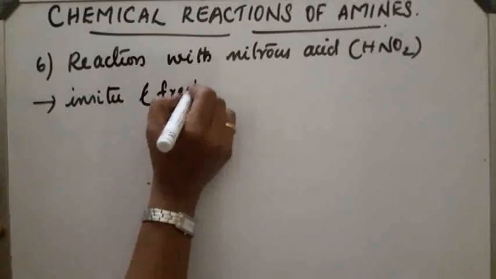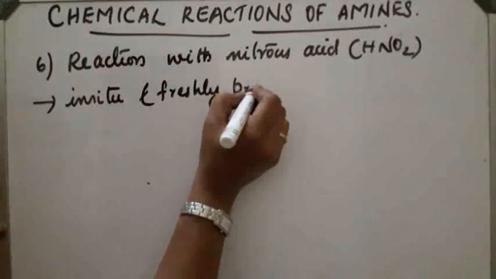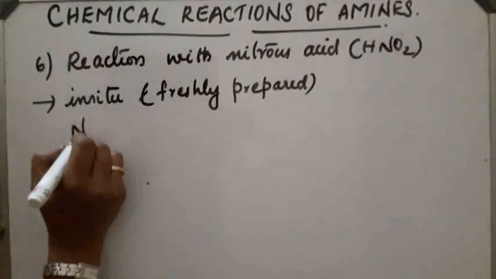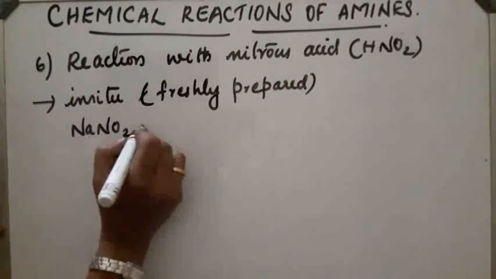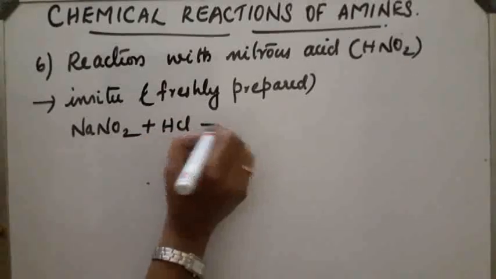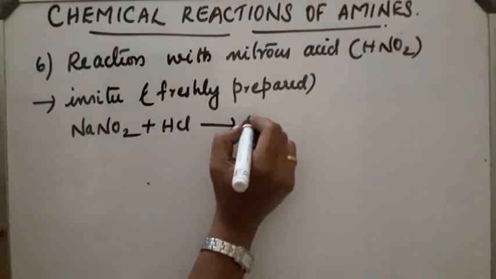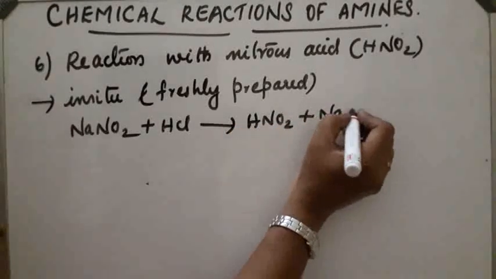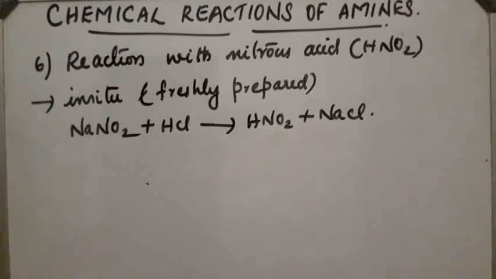It can be prepared from NaNO2 and HCl. NaNO2 reacts with HCl to give HNO2 and NaCl. So HNO2 can be produced in situ.